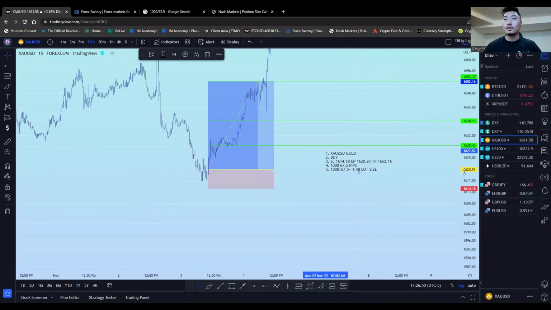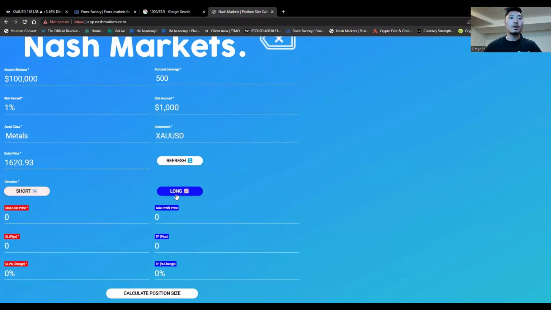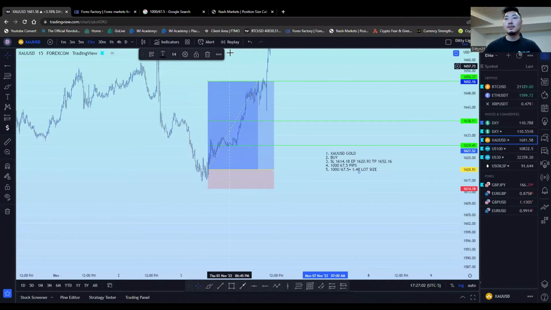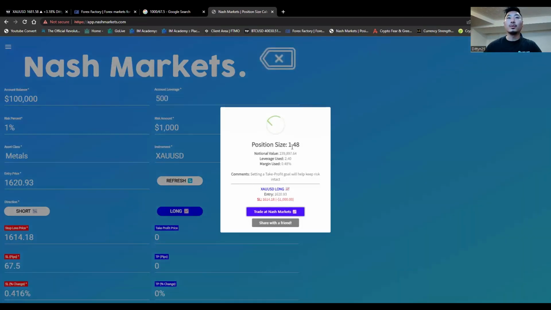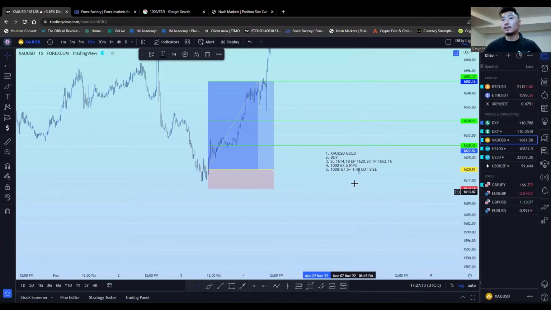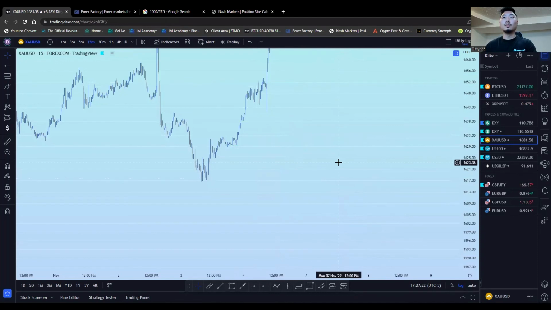So 1620.93, boom, is a long. Here, I think the stop is 1614.18, 67.5 pips that you're risking, 1.48. What we said, 1.48, done. Okay, so we're done for gold.